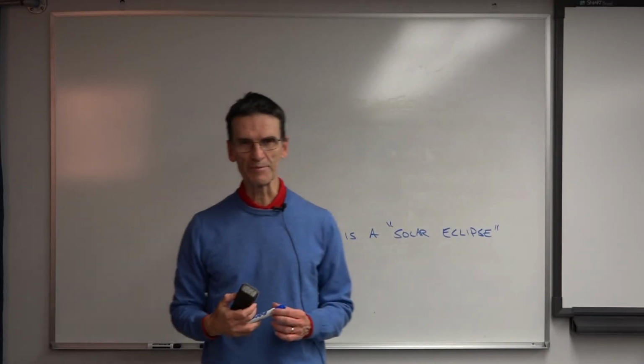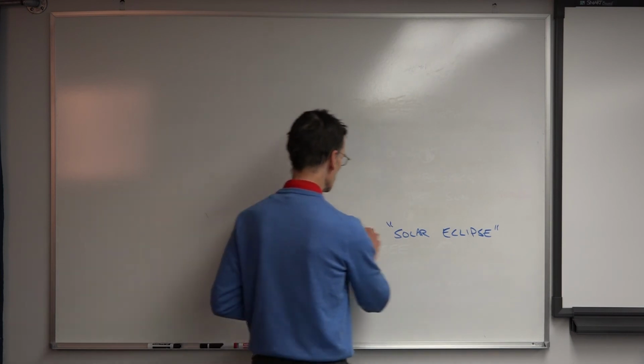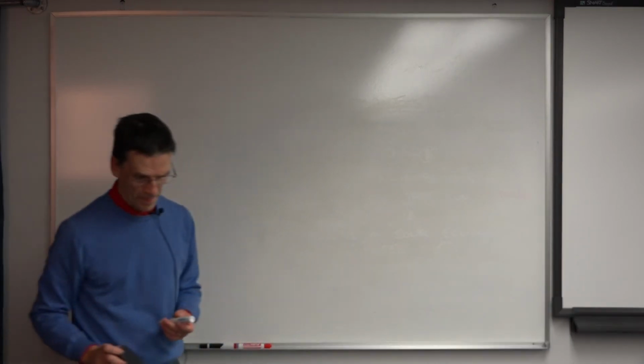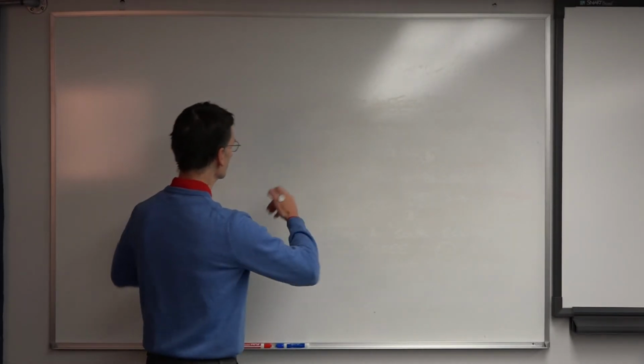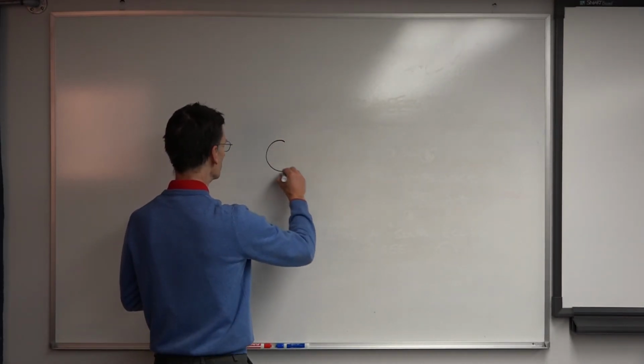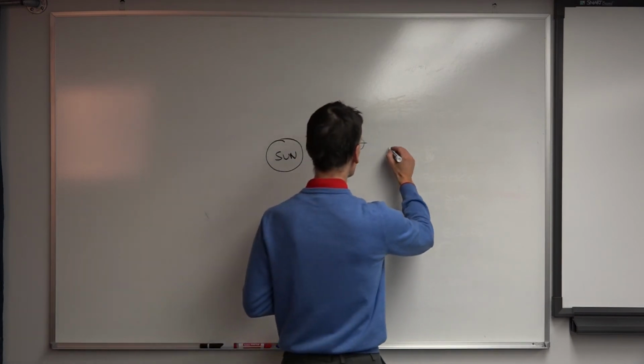Now, there's another type of eclipse called a lunar eclipse. Which will show back to the sun. Here's the Earth.